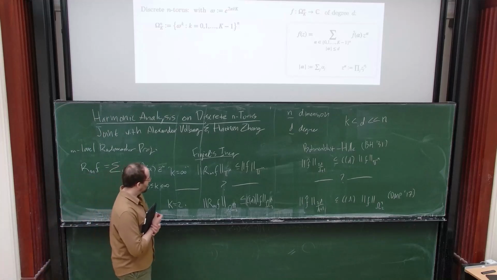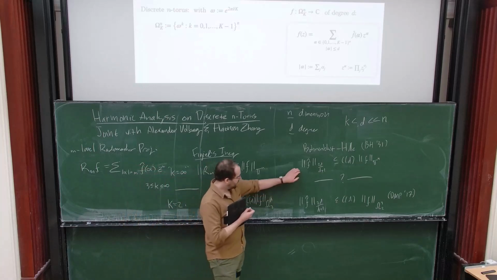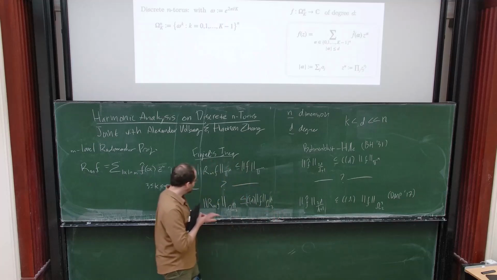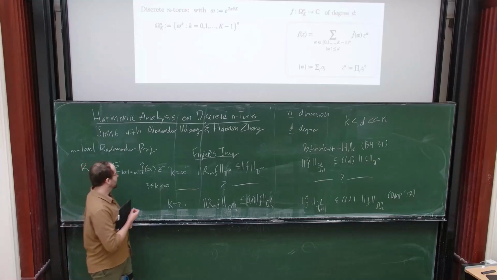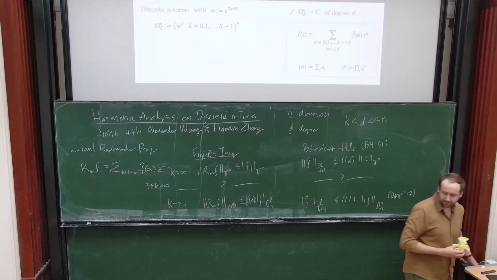The proof ideas here and here are essentially the same. The proof ideas here and here are also roughly the same. But there's something about this setting that resists these proof techniques. So I want to illustrate that in the case of these Rademacher projections.